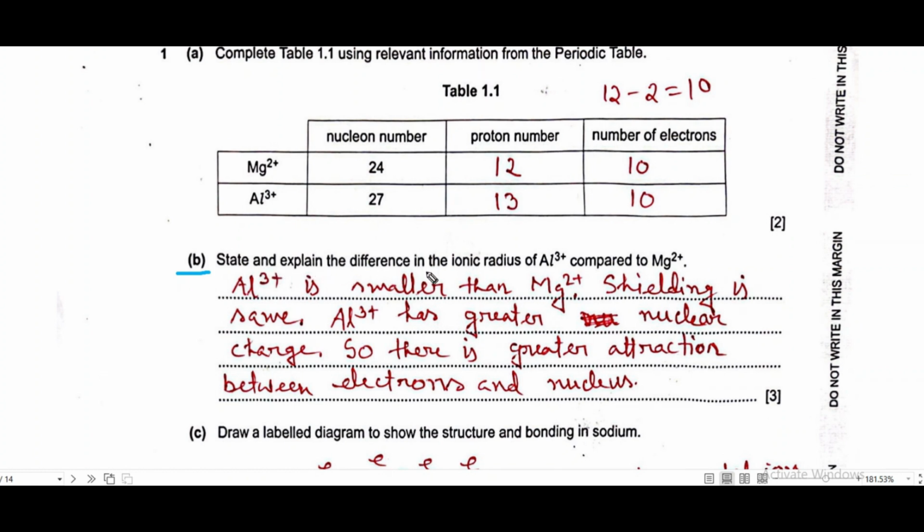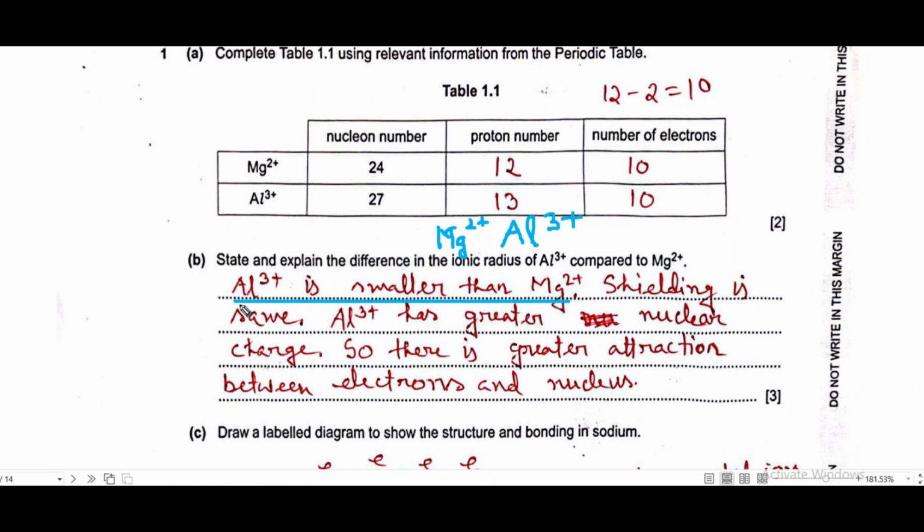State and explain the difference in the ionic radius of aluminum ion and magnesium ion. Aluminum ion is smaller than magnesium ion. Across the period, for metals, ionic radius decreases.